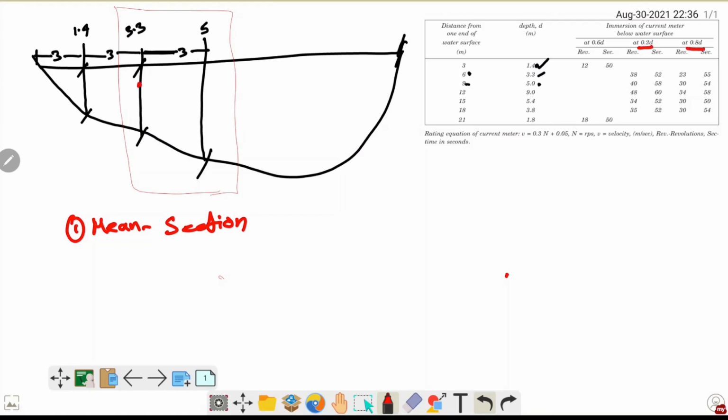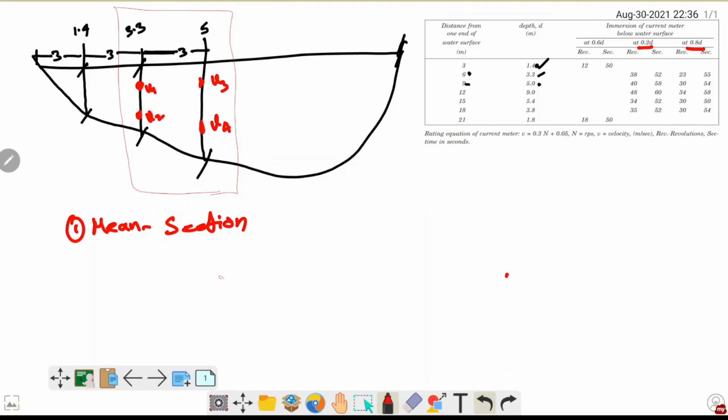And even at the 9 meters the velocity is available at 2 points. So I'm going to write this as v1, v2, v3, v4.